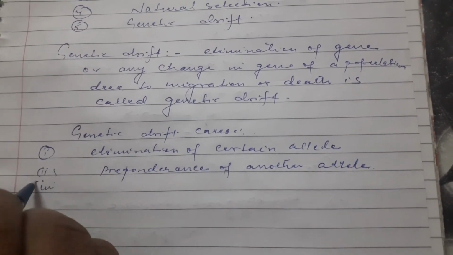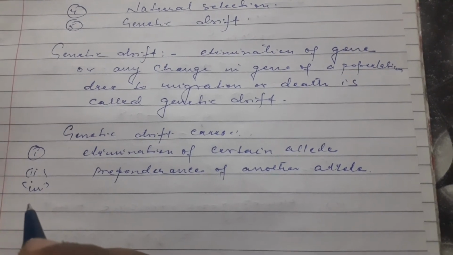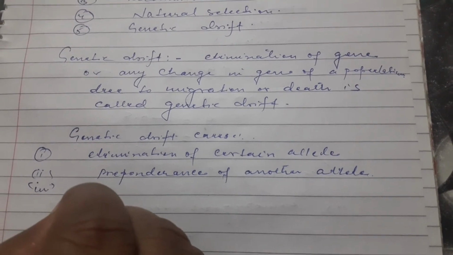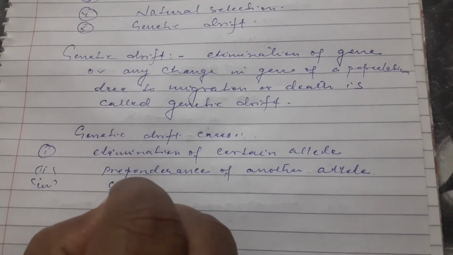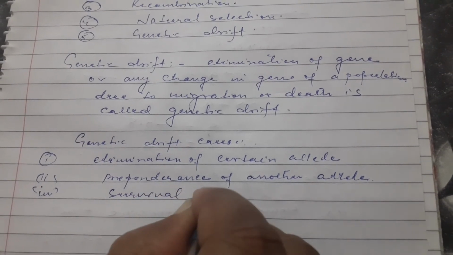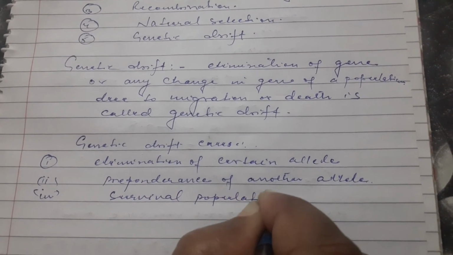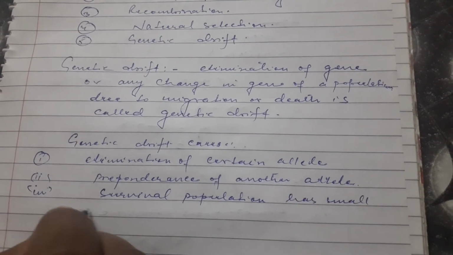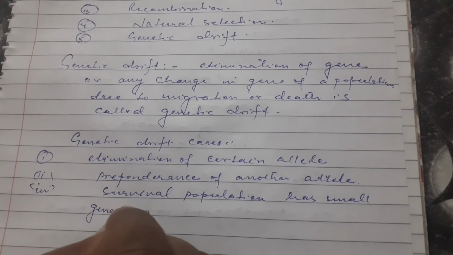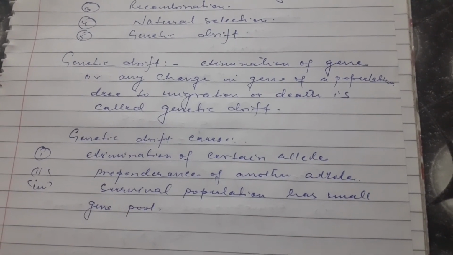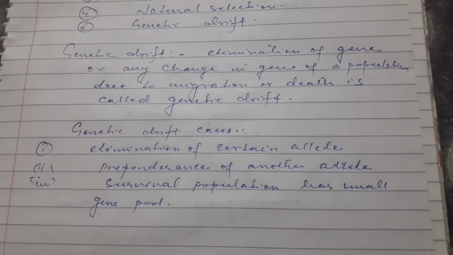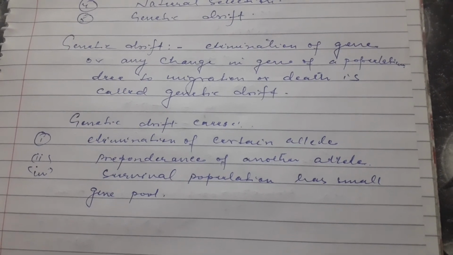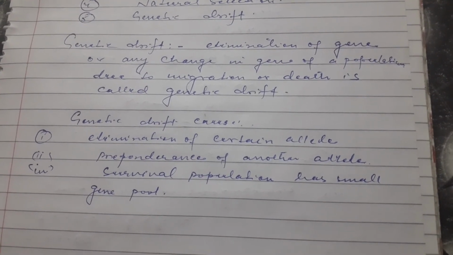And the number three, the surviving population has a small gene pool, because due to elimination or death or migration, some individuals move from that place and cause a small gene pool.